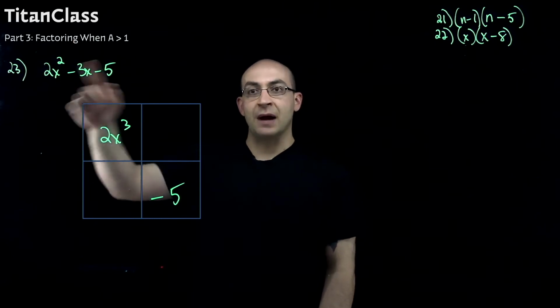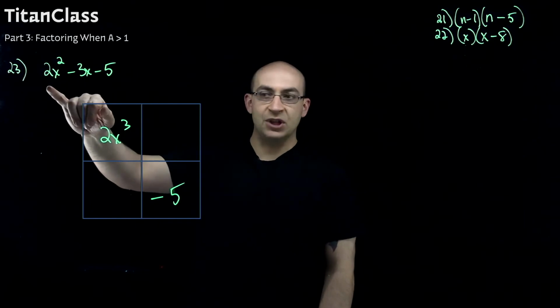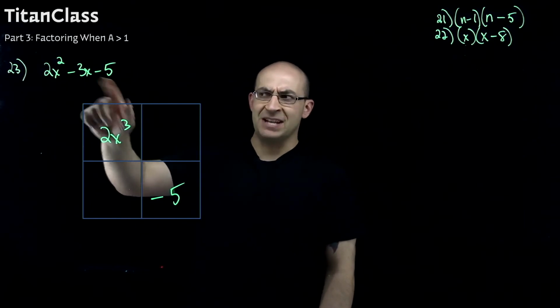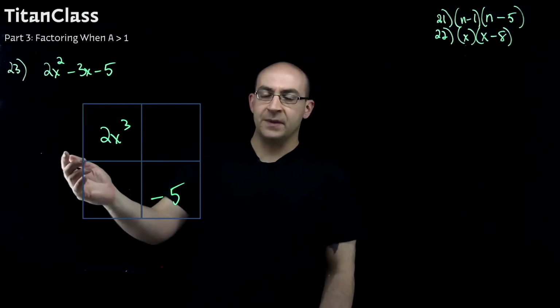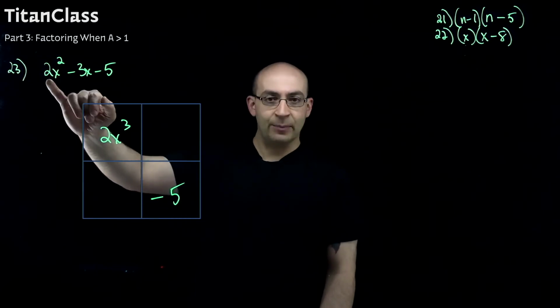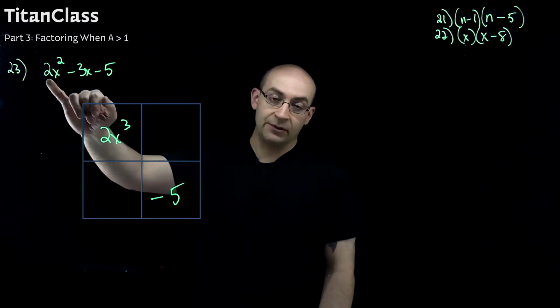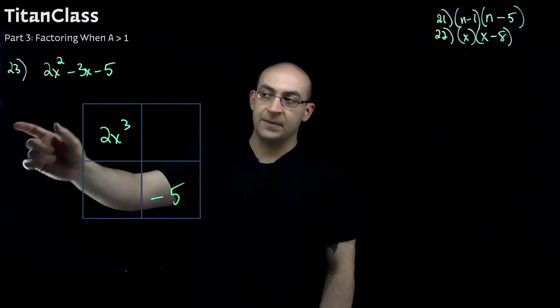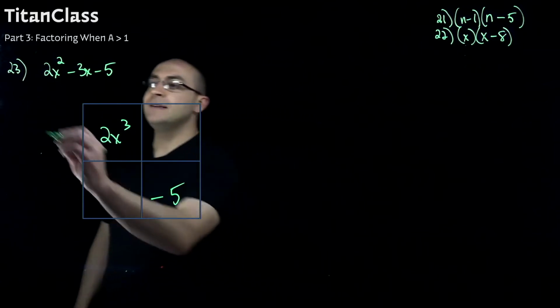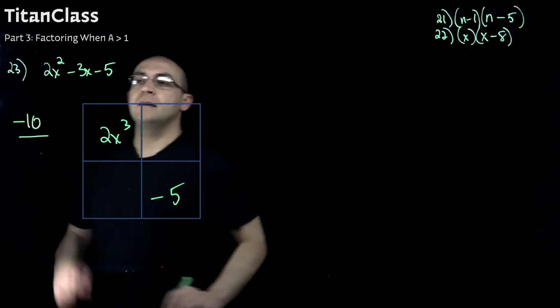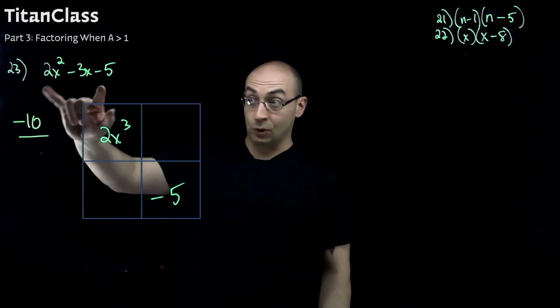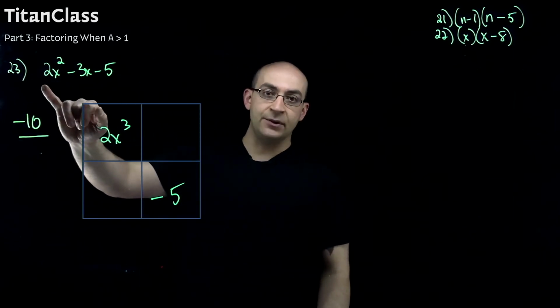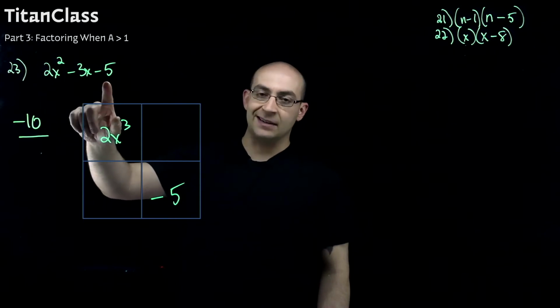But in previous problems, when a was equal to 1, it was just 1 anyway. So in this case, it would have been negative 5 times 1, which is negative 5. However, because there's actually a value here greater than 1, I am going to be multiplying these together to get the number I'm trying to find factors of. So 2 times negative 5 is negative 10. I always multiply that first value, the leading coefficient, and the constant.